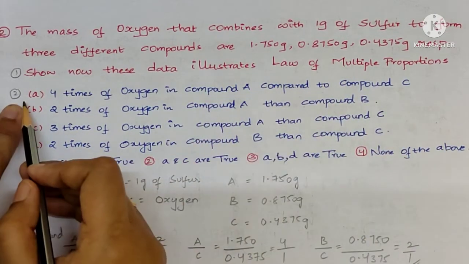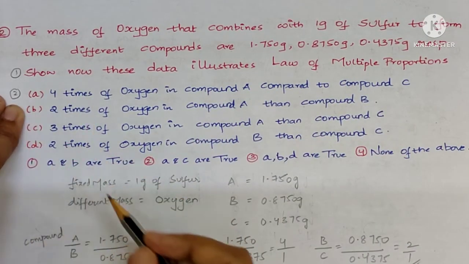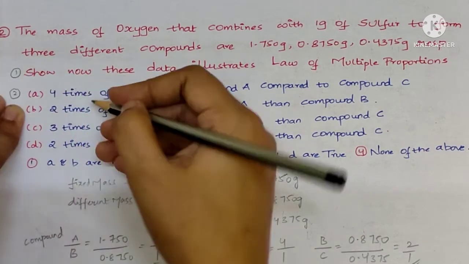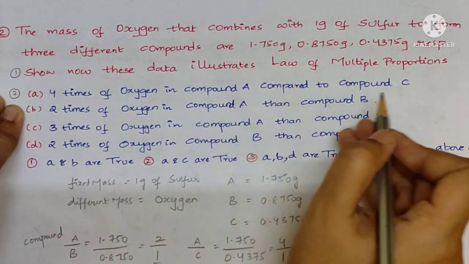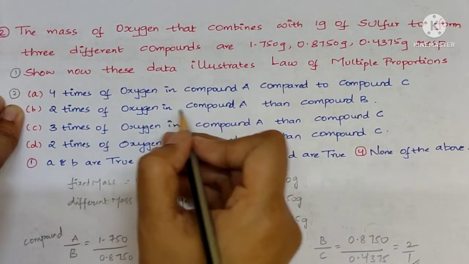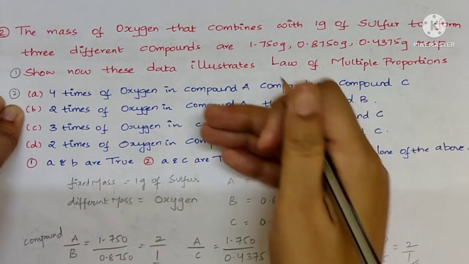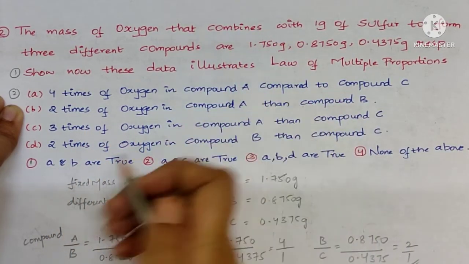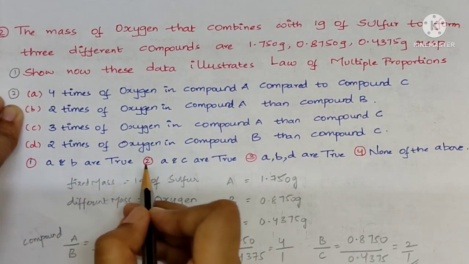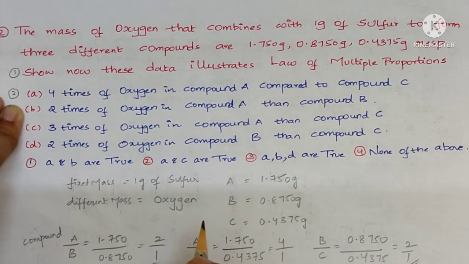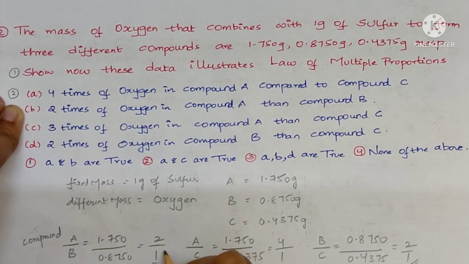And the next question, they have given you 4 options. Like 4 times of oxygen in compound A compared to compound C, 2 times of oxygen in compound A than compound B. Like that, they'll give you some options and ask which option is correct, like A and B are true. For that you just have to understand this whole number ratio.